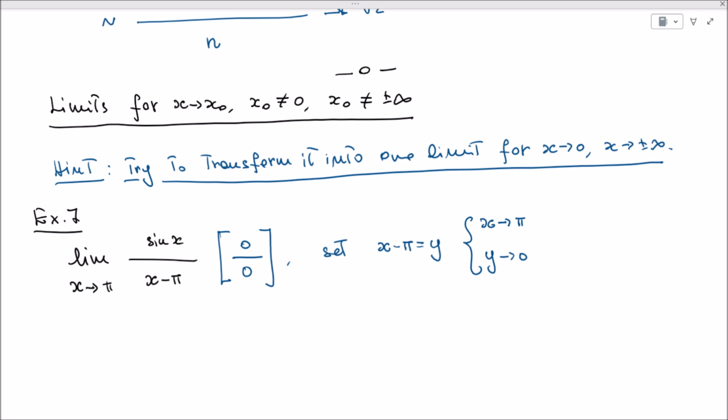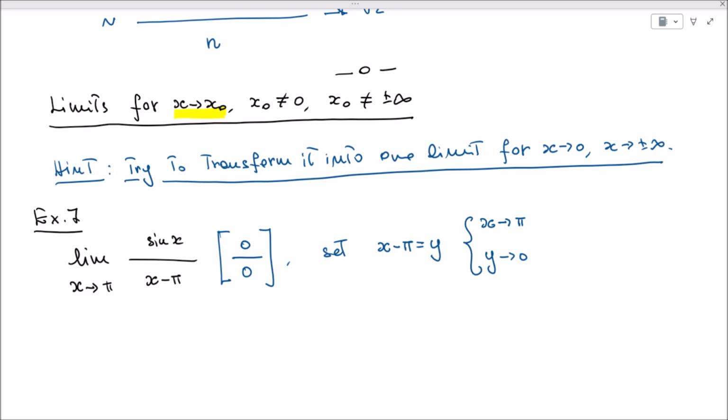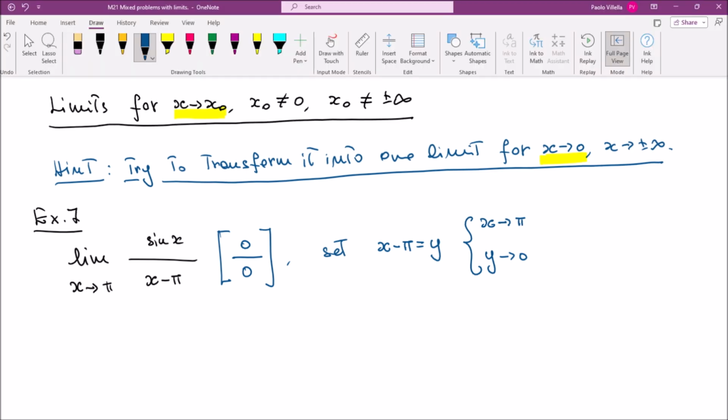So the idea, remember, is exactly this. If we have that x goes to x0, and in this case x goes to pi, we need to transform this into a limit with a new variable that tends to 0. And this is what we have done. We have set y equal to x minus pi, so that when x goes to pi, y tends to 0.